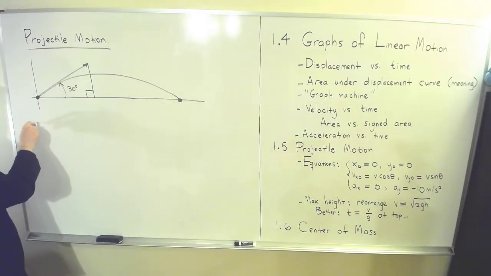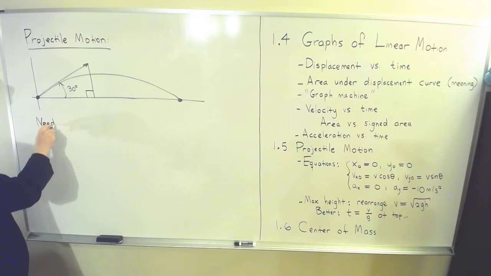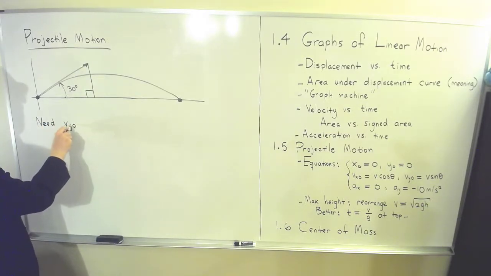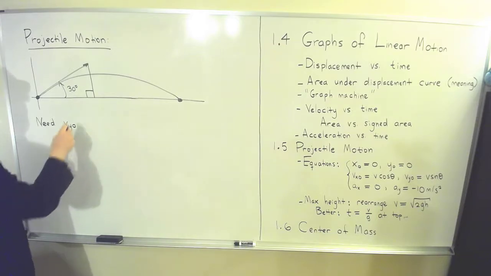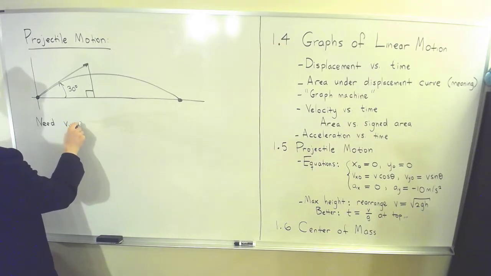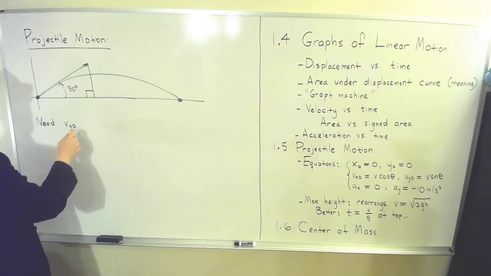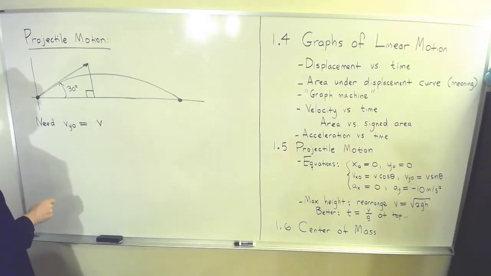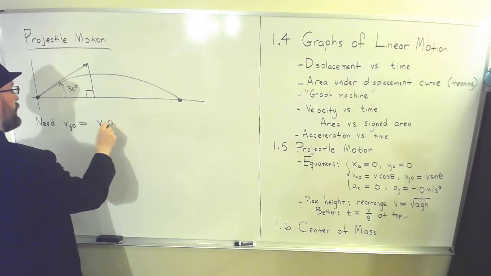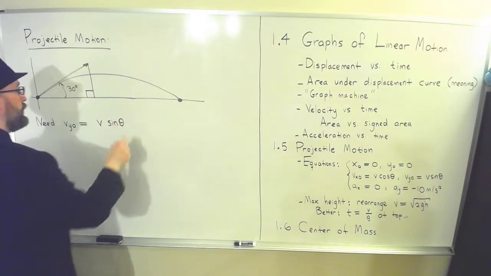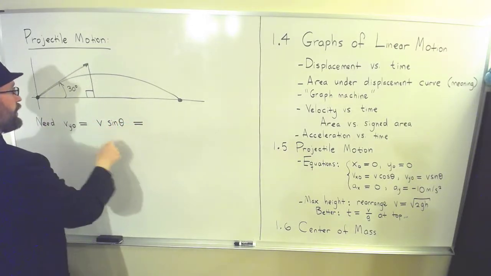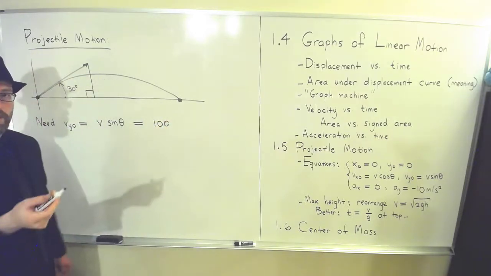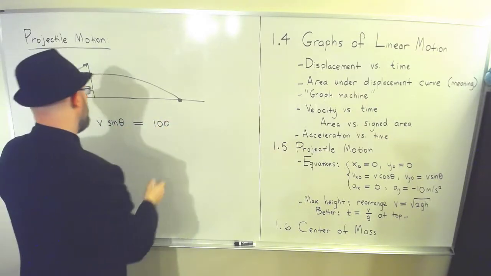So, what do we need? Well, we need the Vy, and we need the initial value of it when it's launched. So I gave you that equation here. We have Vy equals this initial value of the velocity times the sine of the angle. The initial value of the velocity was the launch velocity, so this was 100. I'm not going to put the units in now; we'll fudge them at the end.